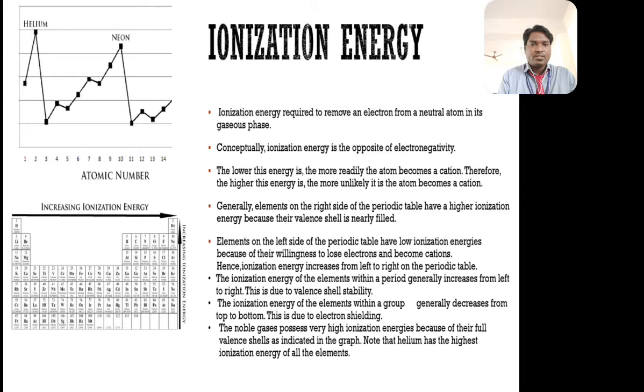The noble gases possess very high ionization energies because of their filled valence shells, as the graph indicates. Note that helium has the highest ionization energy of all the elements.